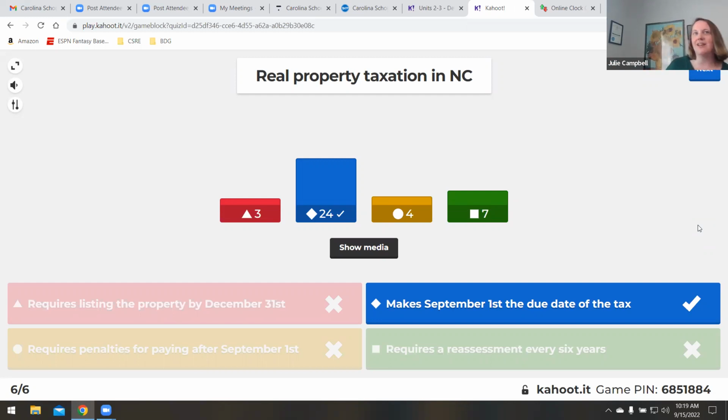North Carolina is an octennial reappraisal year, reassessment year, excuse me, which means we reassess every 8 years, not 6. Questions on this one? You don't get penalties until after January 5th next year. And that's why I think that taxation timetable can help.